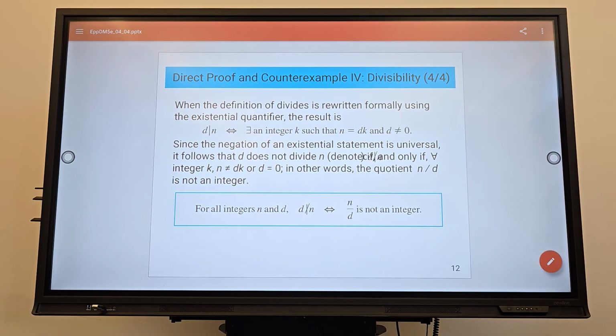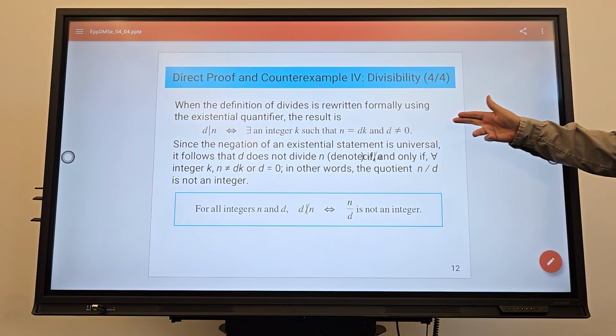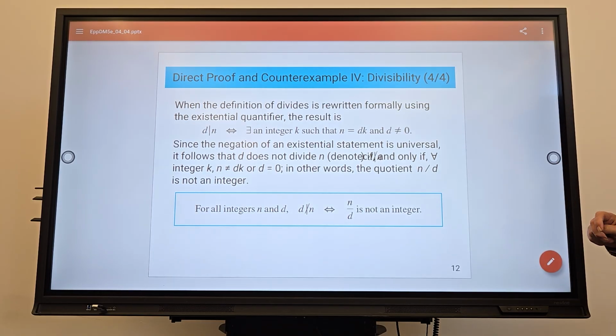When the definition of divides is rewritten formally using the existential quantifier, the result is this here. Since the negation of an existential statement is universal, it follows that d does not divide n if and only if, for all integers k, n does not equal dk or d equals 0.